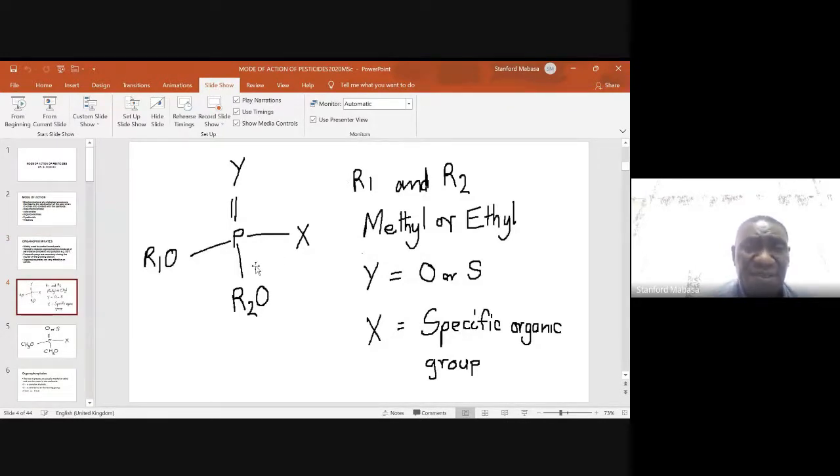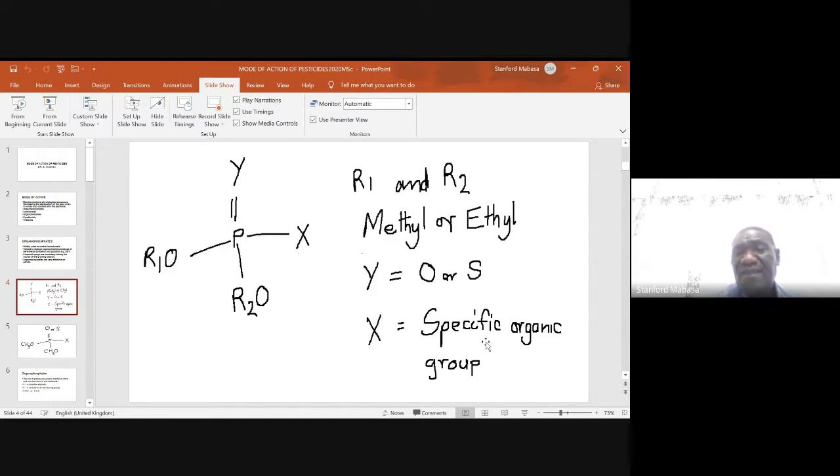Now, on the chemistry of organophosphates, we can represent them using this structure. Phosphorus is the key element, and it is joined by what we call the methyl or ethyl groups, represented by R1 and R2, and here O is representing oxygen. Y could represent oxygen or sulfur.